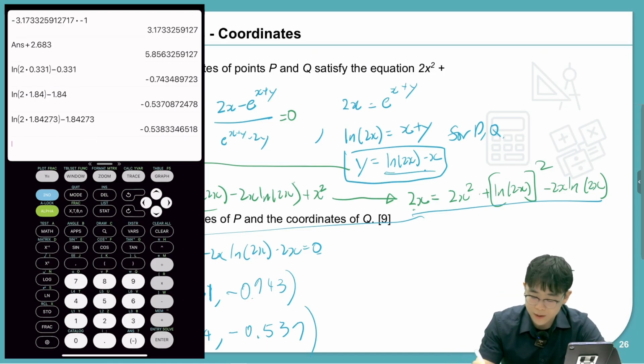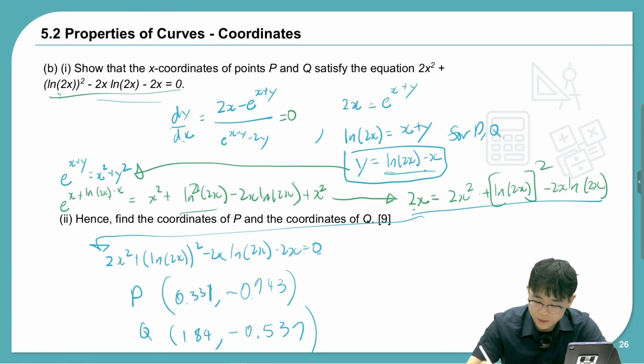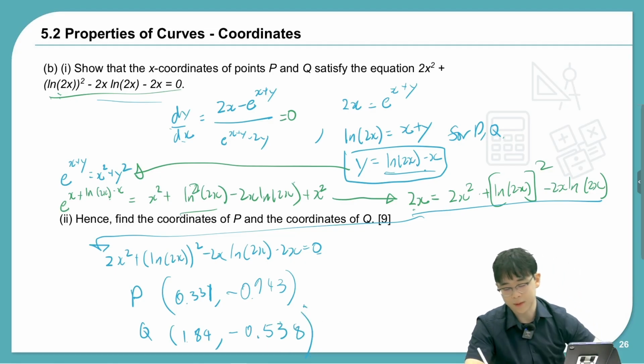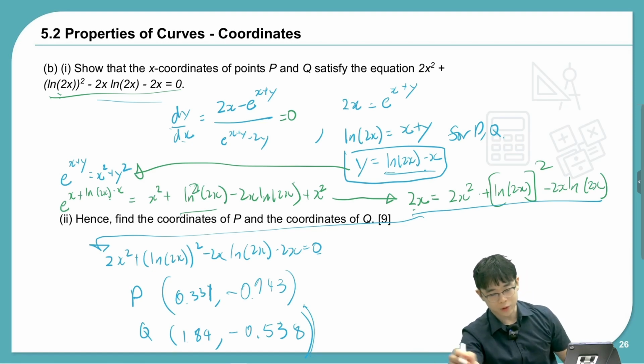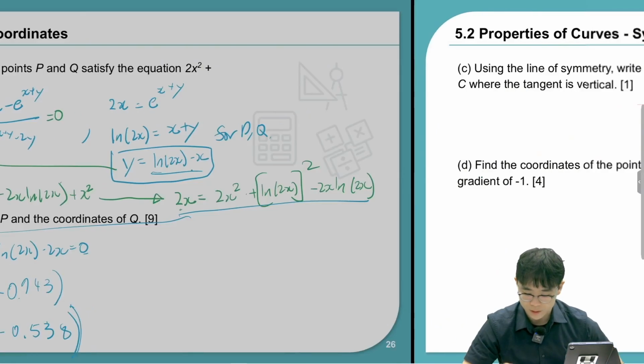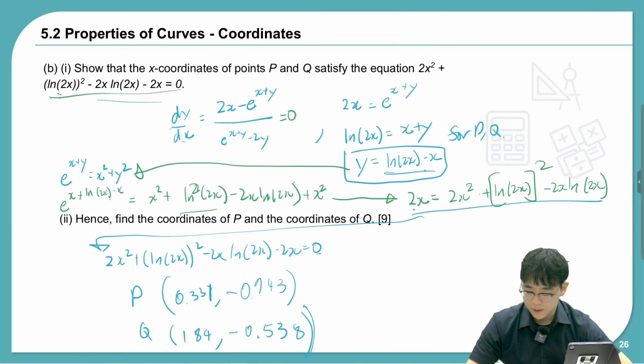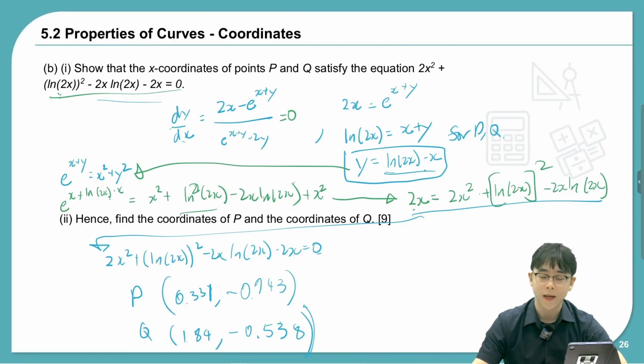So if you actually write down all the digits, without the premature rounding, we would actually get negative 0.538. So that's why it's important to not round prematurely, but rather store your values on your calculator. Okay. So these are the two coordinates for P and Q.